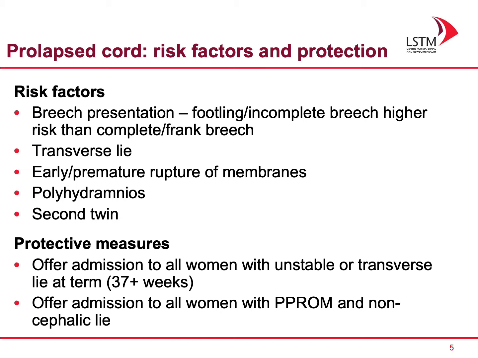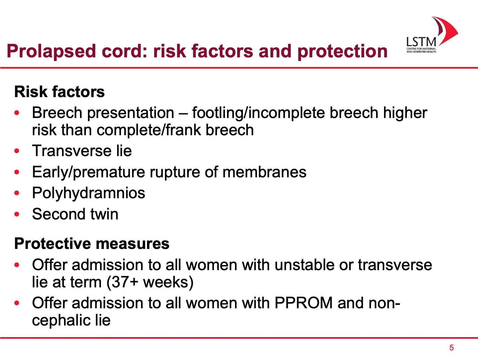Transverse lie, because the lower part of the pelvic outlet is actually empty, so the cord is actually at the outlet, and with any opening through artificial or spontaneous rupture of membrane, the cord will just slip out.